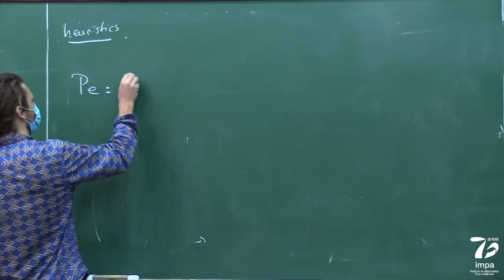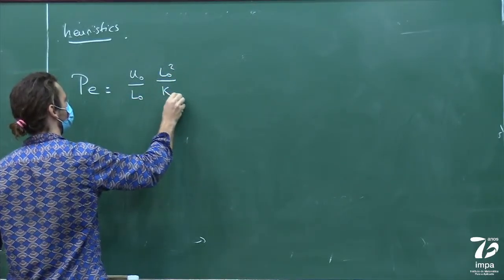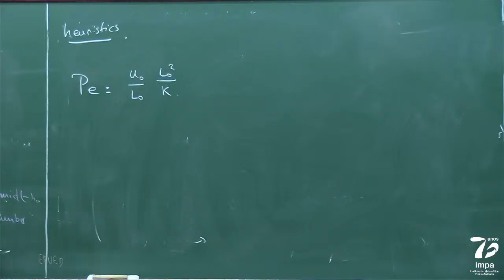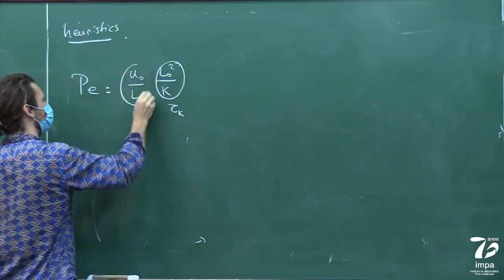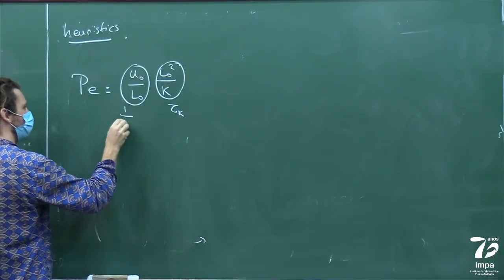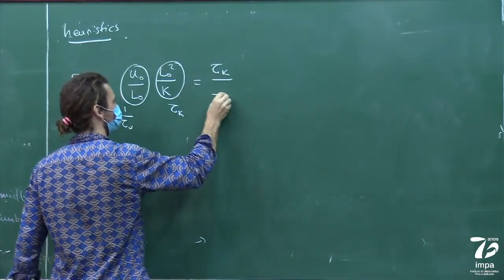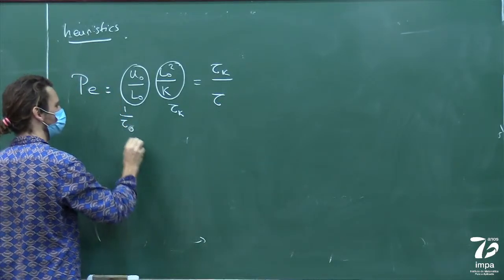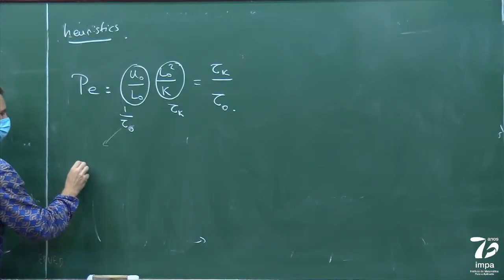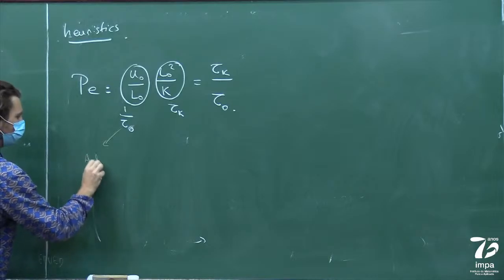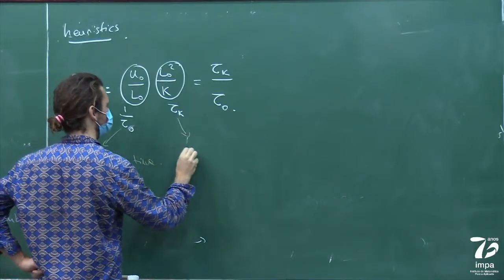So it's U0 over L0 times L0 squared over kappa. This has the dimension of 1 over tau, the advection time, and this has the dimension of a time, the diffusion time.